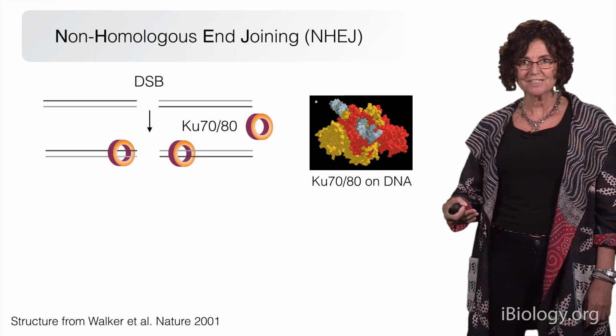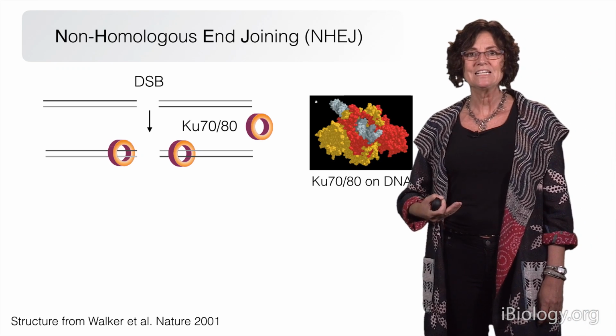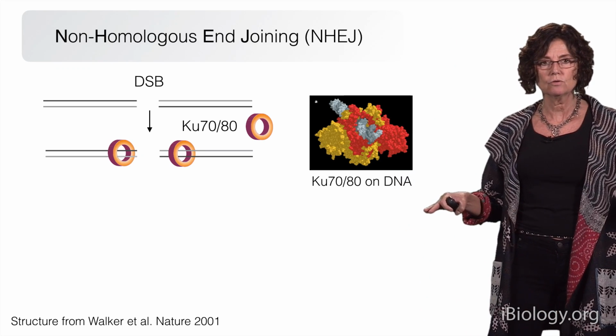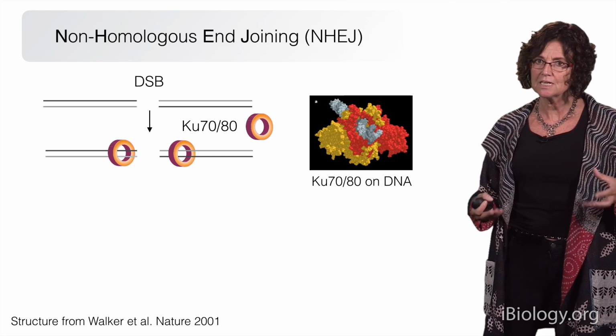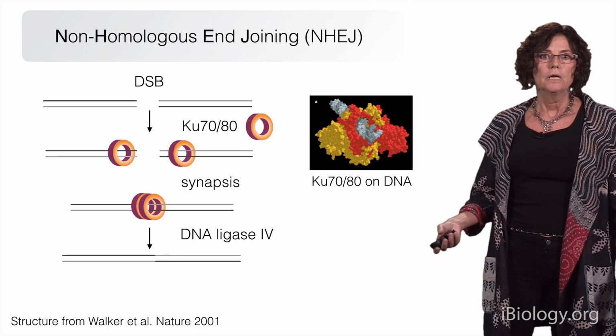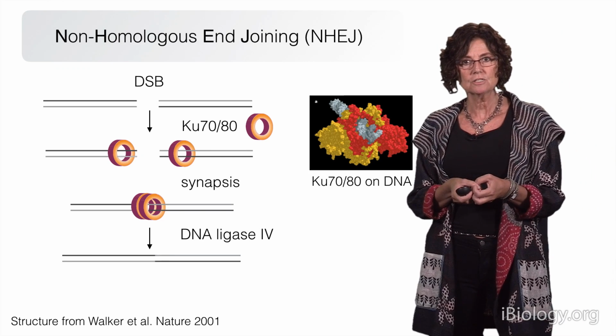Ku70/80 can only get on DNA when there is an end. So it normally will not load onto our chromosomal material, only when there is a DNA break. It can load, and once it's loaded, it can bring two DNA ends together.